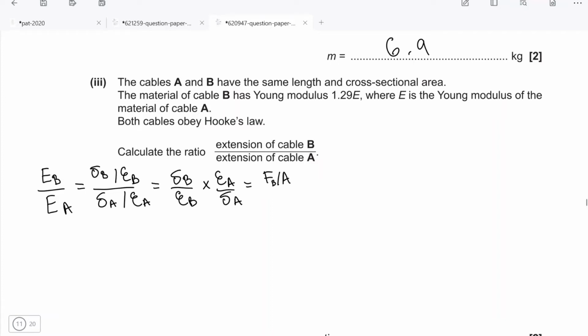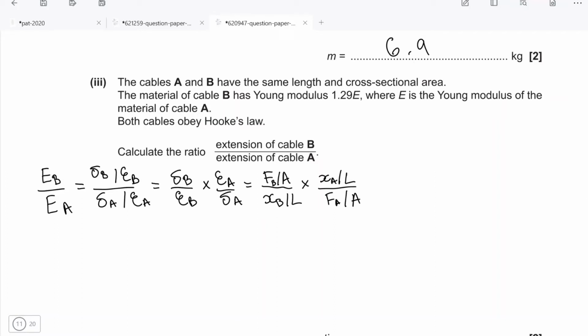Let's say that this here is force B, and the strain will be given by xB divided by the length, times the strain of A, which will be xA divided by the length, and the stress of A will be the force A divided by the area.